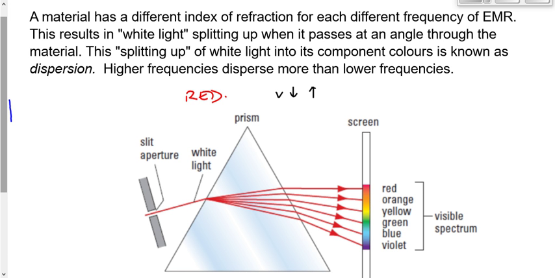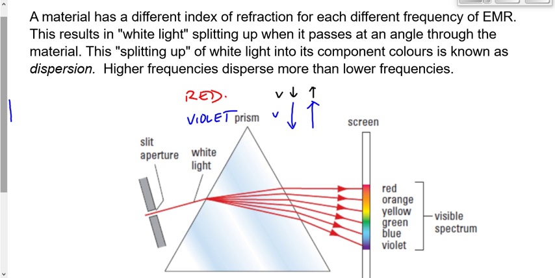The speed for violet light decreases as well. Notice violet light's bending more. Violet light has a bigger decrease in speed when the light goes into the glass. But yet when it goes out the other side, it has a bigger increase in speed. The bigger the difference in index of refraction, the bigger the change in speed.